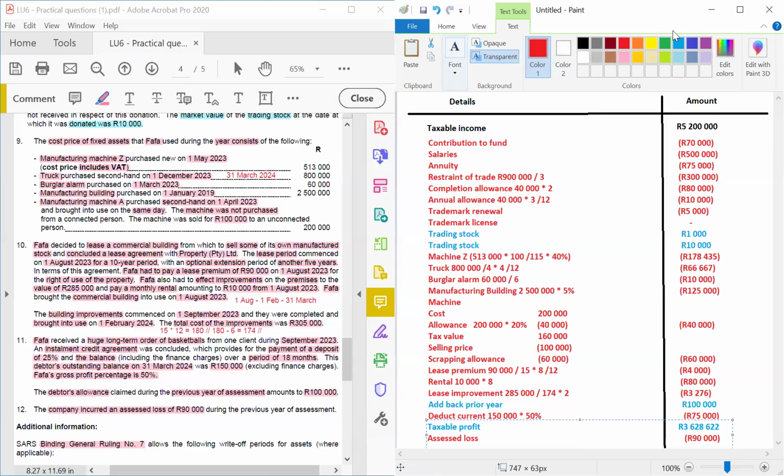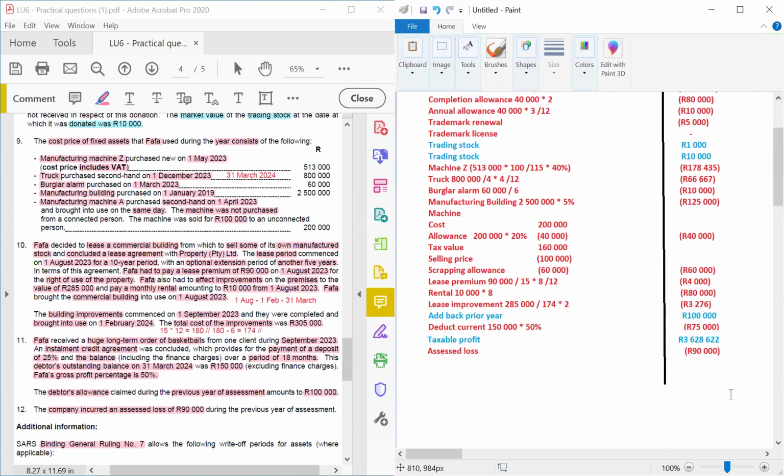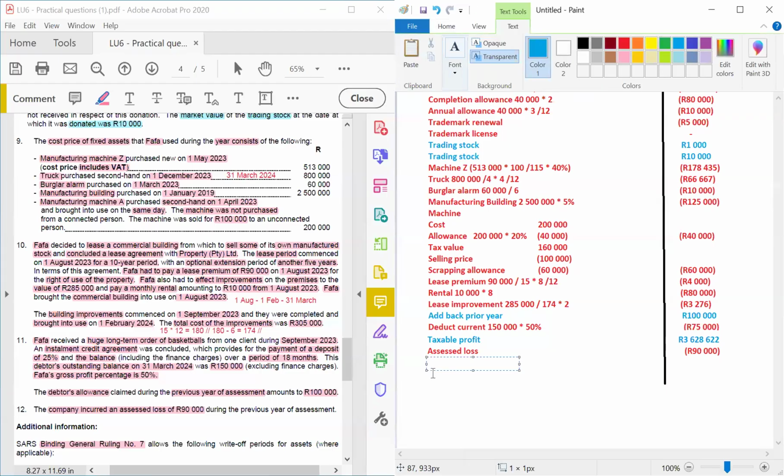So then I would have taxable income of the net amount, right?